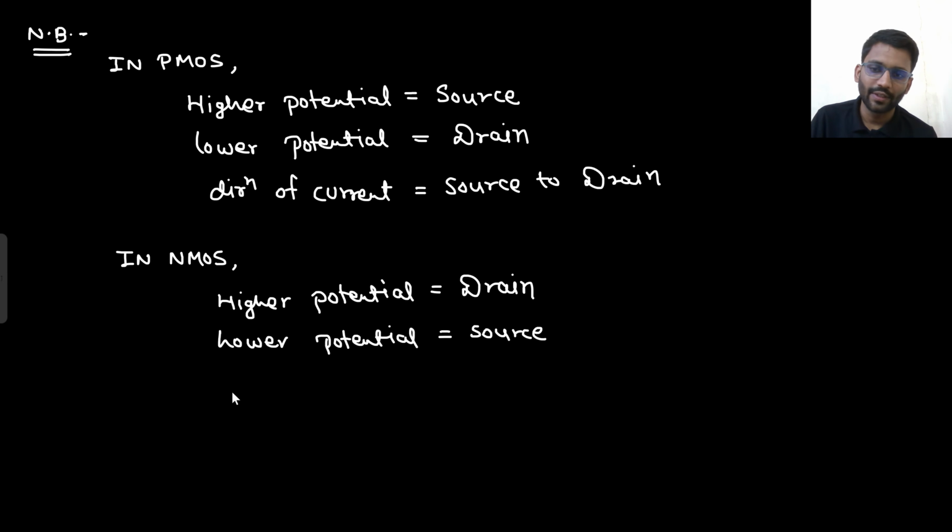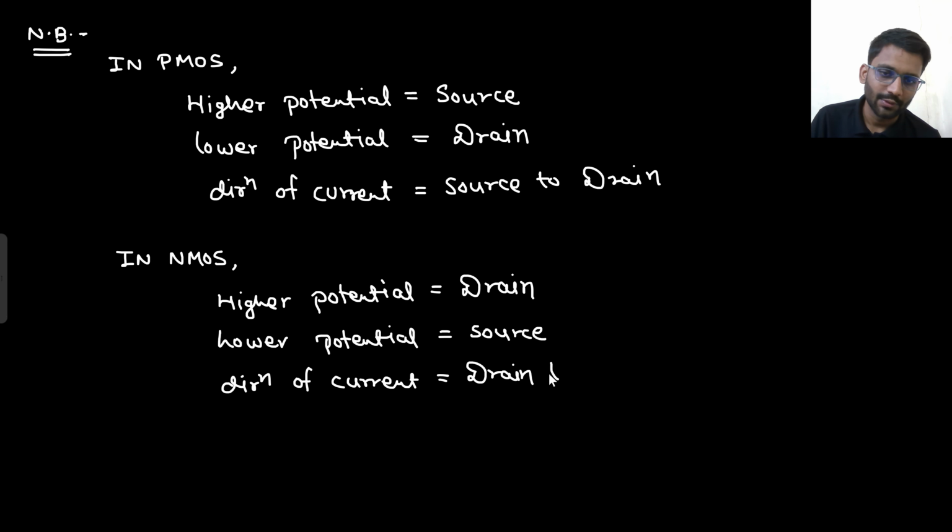And the direction of current will be drain to source. These things you need to know, the direction of current and all, because electrons are moving from source to drain, so direction of current was drain to source.